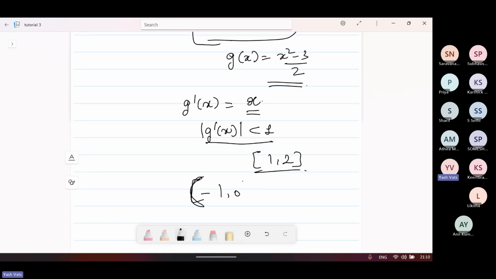So it is convergent in this interval, minus 1, 0, open, because mod g dash x is less than 1 in this. Minus 1, 1, basically. Absolute value should be less than 1.